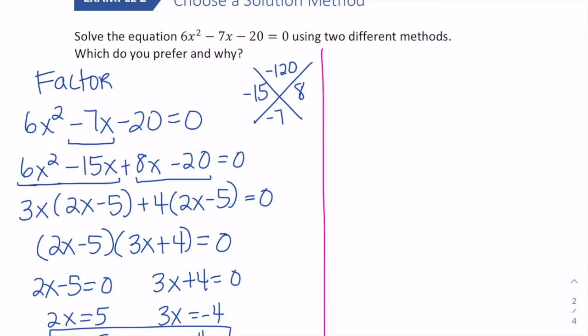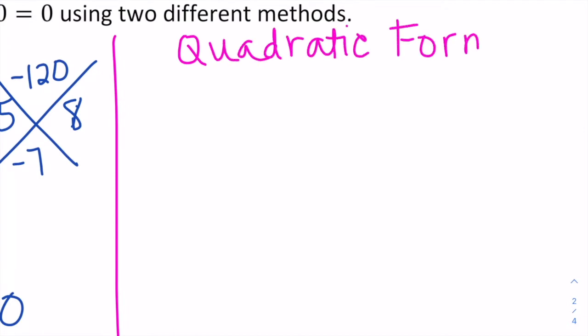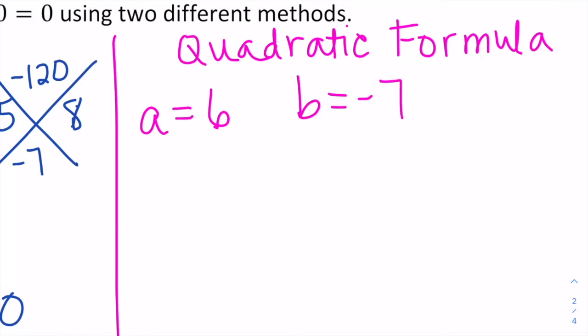All right, the second method, and remember we opted not to complete the square. Well, we could use the quadratic formula. So when we use the quadratic formula, remember we still need to identify a, b, and c. So a in this problem equals 6, b equals -7, and c equals -20.